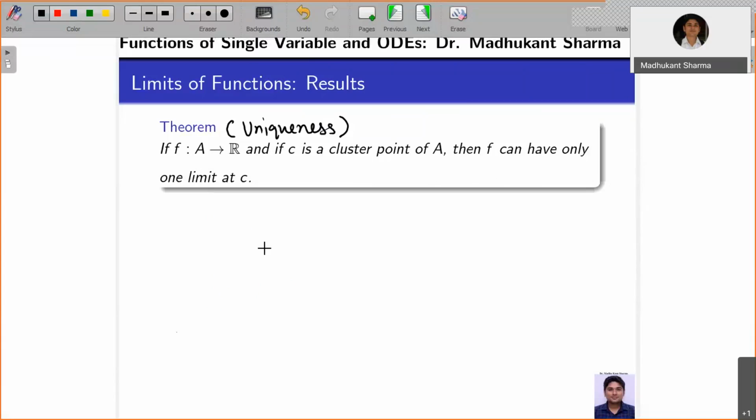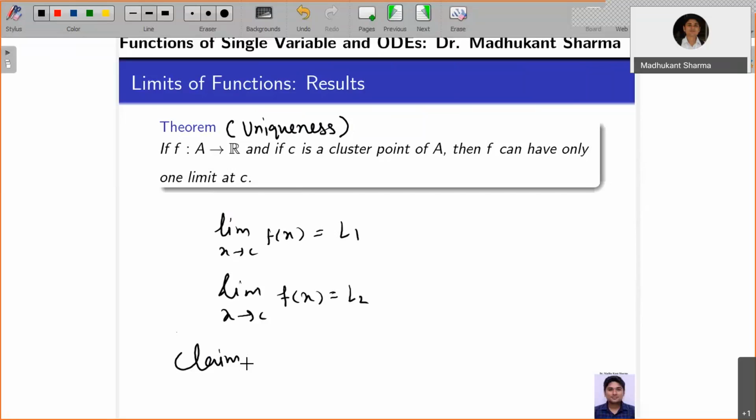In other words, if you say limit x tends to c of f of x is equal to L1, and some other person identifies that limit x tends to c of f of x equals L2, then either there is some problem in the proof or the limit does not exist. So if the limit exists, then the claim is L1 equals L2. We will prove this result in the same way as we did for the uniqueness of the limit for sequences.